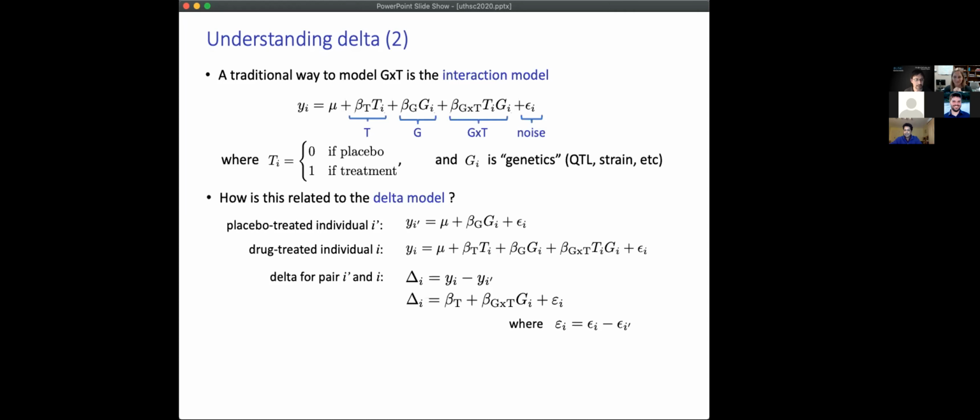I'm for it. It's very good. What I'm saying is that I don't necessarily agree that the delta has low power. I would argue that the delta might actually perform quite well if there's a lot of genetic control or background genetics. Oh, I think I see. So you're saying that the delta would be powerful compared with testing for G by T in an interaction model?